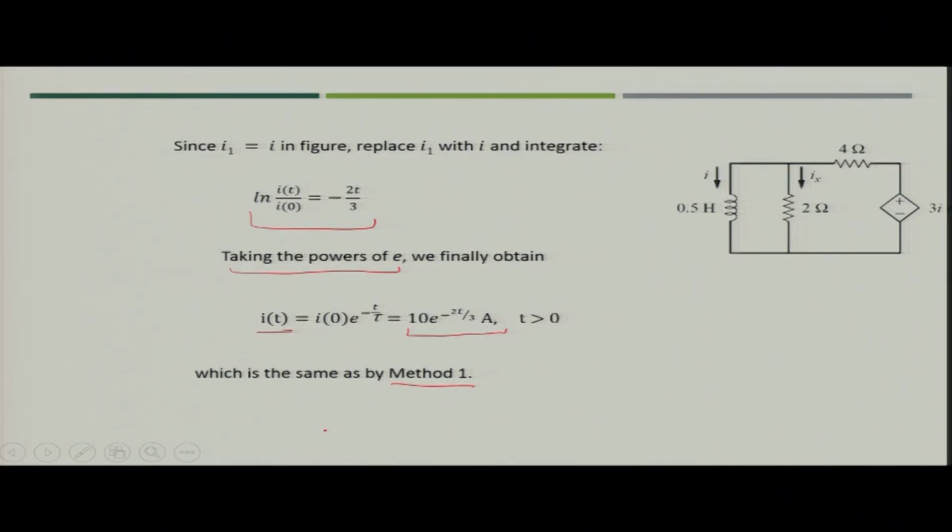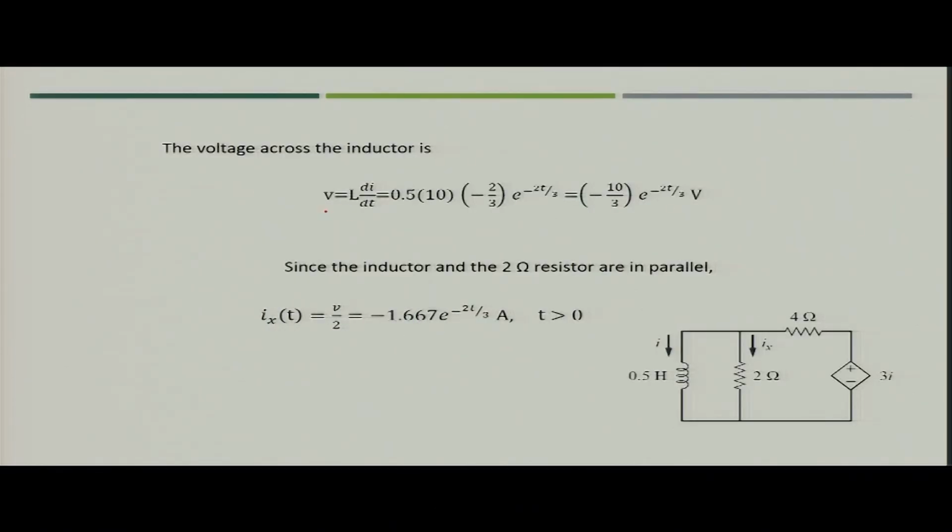So, either you use the Kirchhoff voltage law directly on the circuit, or you use the Thevenin theorem, you will get the same result. So, now we have got the value of I(t). The next task is to find the value of V, which is nothing but the voltage across the inductor.